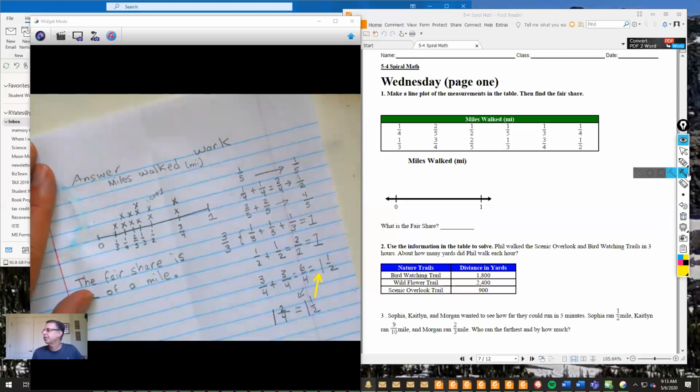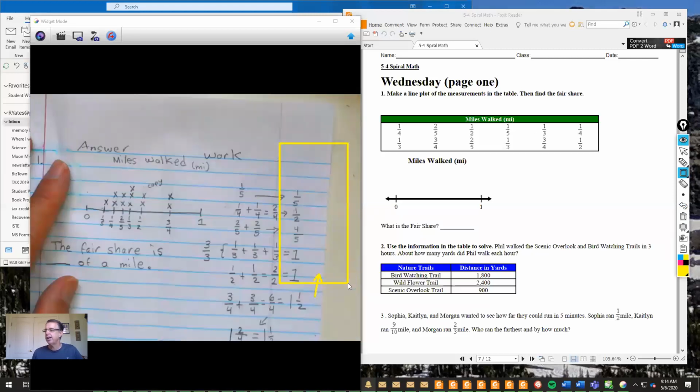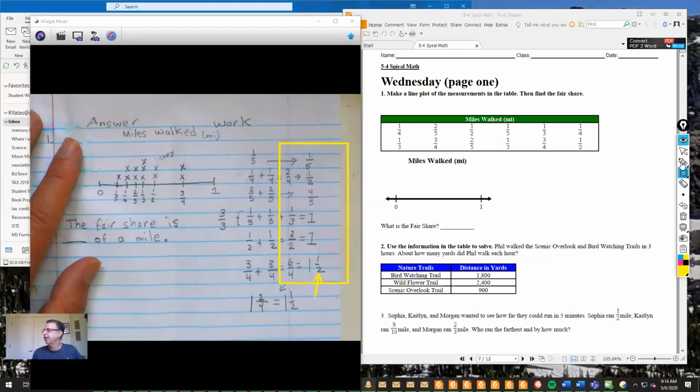My finals, well, actually not. Second to last step before I get my fair share is I have to take these, and I'm going to just line them up here so you can see it. I'm going to take these fractions right here in mixed numbers, 1/2, 1, 1, 4/5, 1/2 plus 1/5, and add them all up. And then I'm going to divide.